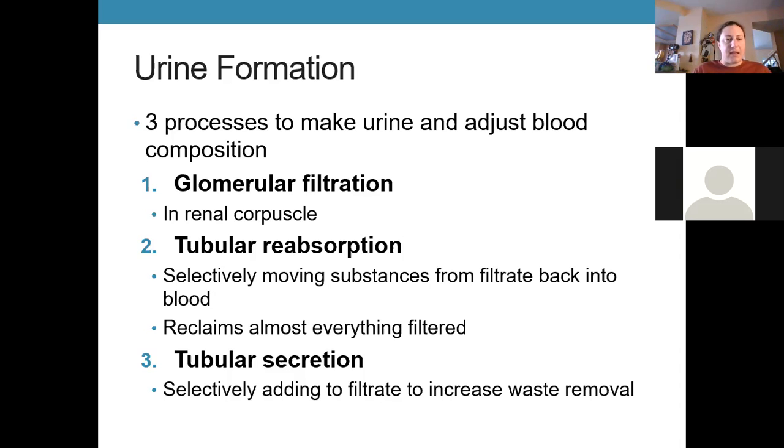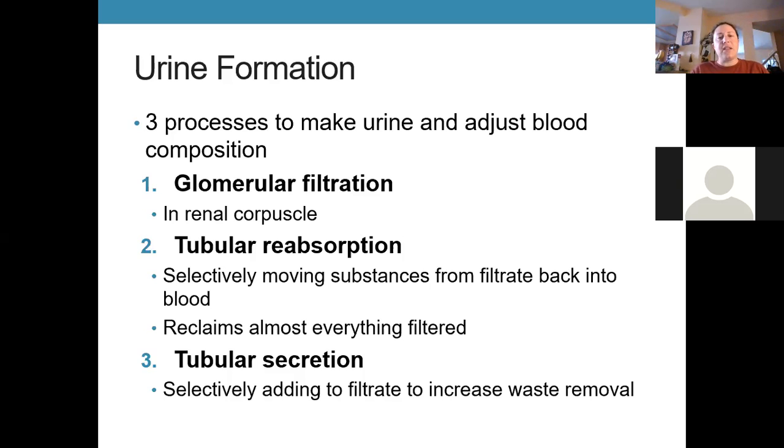And then in the renal tubule, we have tubular reabsorption, which is where we keep things that we don't want to lose. So it's reabsorbing it because it started in the blood, filtered out, and now it's returning to the blood. We talked a little bit about this in terms of calcium reabsorption for calcium homeostasis.